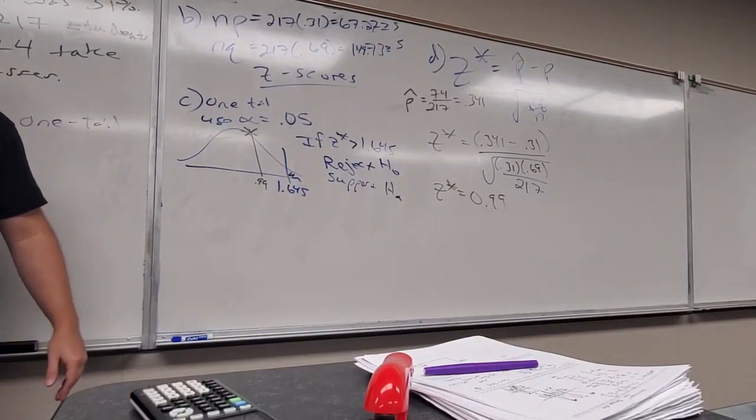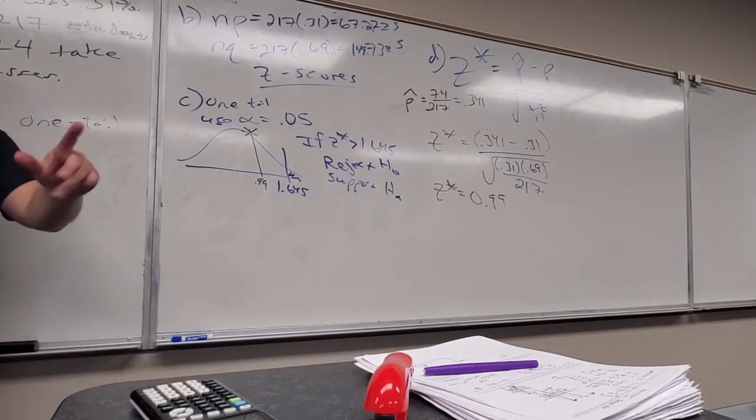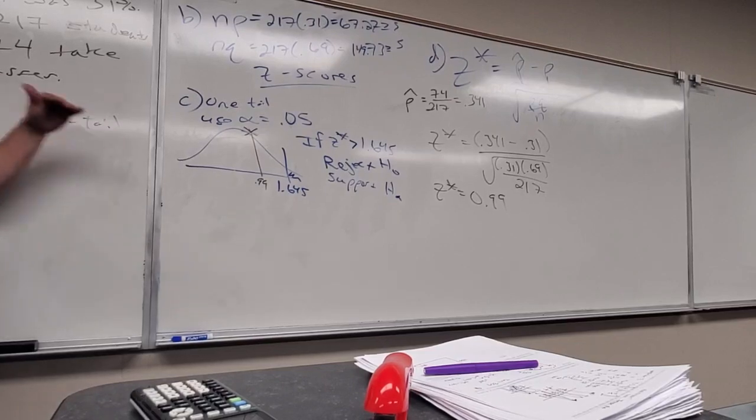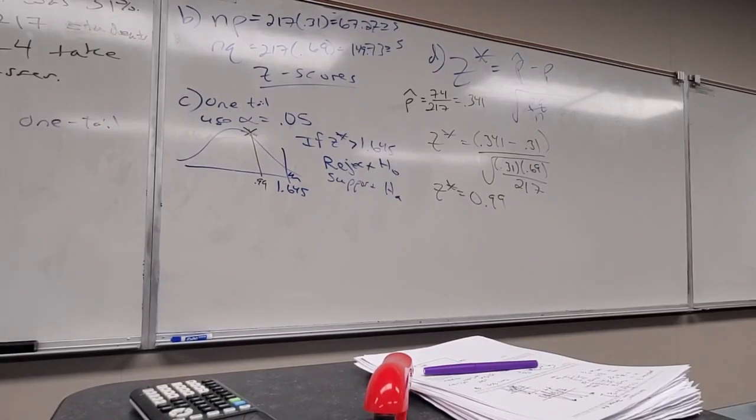So is failing a good thing then? It really depends on which one of these is our claim. The claim could have been this, in which case we're hoping we fail to reject it. If your claim is the null, you're like, oh, I really hope I don't reject it. In science, though, it doesn't matter. If we're like, that's our number, we're excited either way. We're like, we just disproved this. That's amazing.